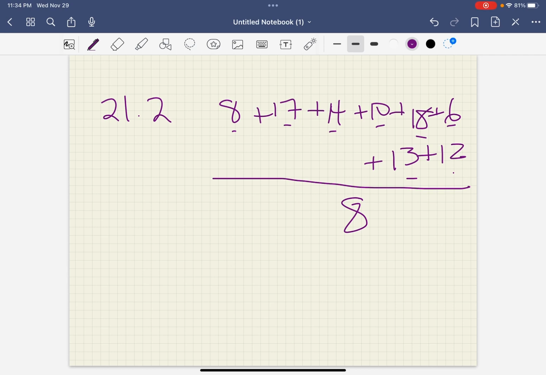Okay, so let's see if you can look for some patterns here. 17 and 13 would be 30. 18 and 12 would be 30. There's a 10. 14 and 6 would be 20.